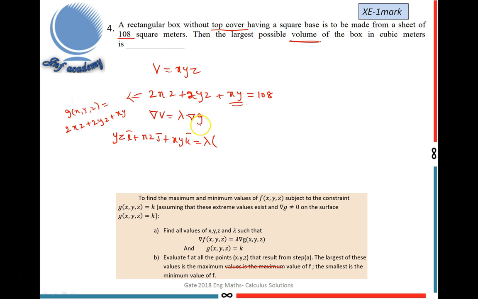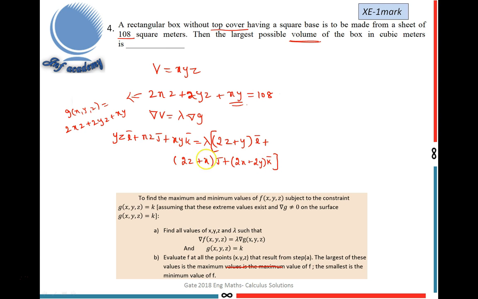Del g, the first term is dou g by dou x into i vector. That is 2z plus y i vector. Similarly, 2z plus x j vector, 2x plus 2y k vector.